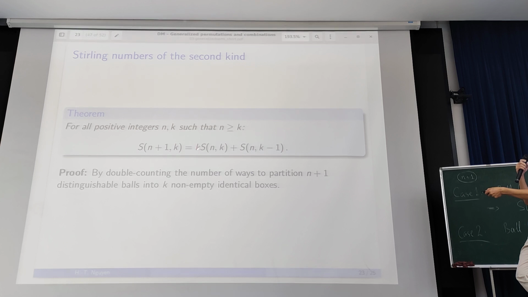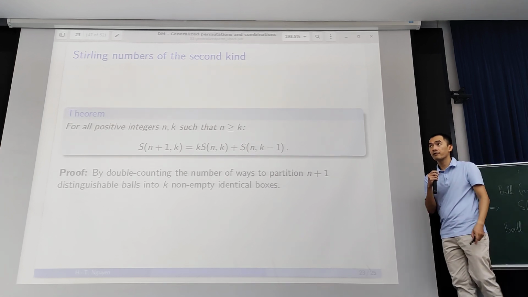So that's why you have a factor k here. So first you distribute the n balls into k boxes, you get S(n,k) ways. Okay. And then after that, you pick one box to put the last ball into. So there are k choices for the box that contains the ball n plus 1. So that's why you get this term here. And by the sum rule, we take the sum of the result of the two cases and we get this formula. Okay?